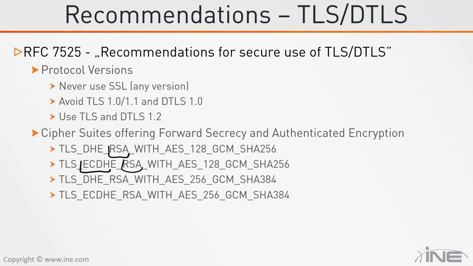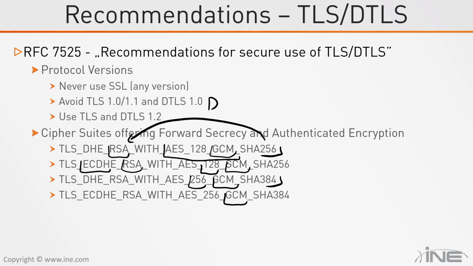We are going to be using AES in the GCM mode in all variations here, and it is going to be the SHA-2 function, 256 or 384. So SHA and RSA, this is what is going to be used for the digital signatures, for authentication and integrity. And then AES-GCM, this is our authenticated encryption. This is what you'll use for the data.